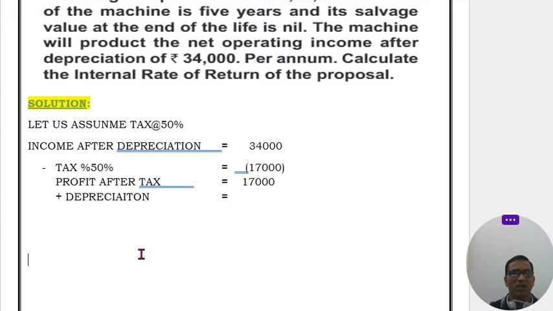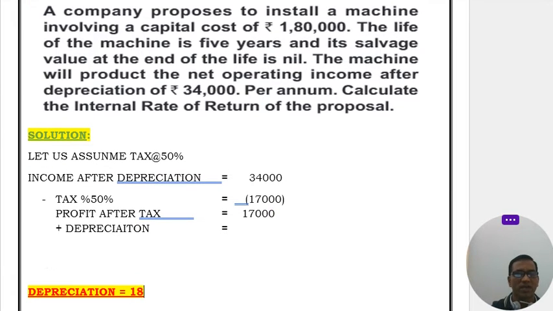Depreciation, we'll calculate here. Depreciation is equal to cost of the project 180,000 divided by life of the project 5 years. What will we get? 180,000 divided by 5, that is 36,000.